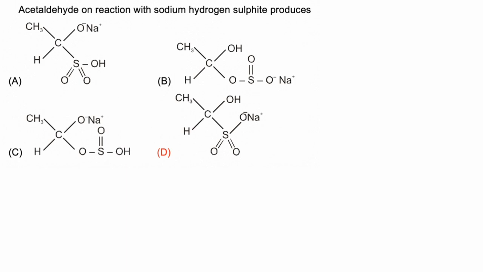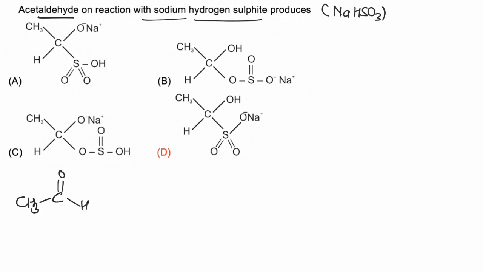In this question, we have to find what product is formed when acetaldehyde is treated with sodium hydrogen sulfite, NaHSO3. Now acetaldehyde, CH3CHO, acts as electrophile. It has a polar pi bond, and due to presence of polar pi bond, it will act as electrophile.